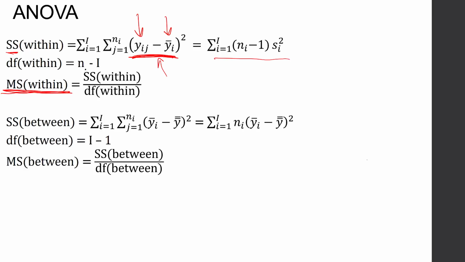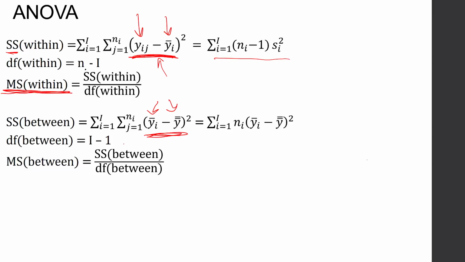The sum squared between looks at the sample mean of a group relative to the overall grand mean. So how many comparisons are we making here? We're looking at the sample mean for the first group minus the overall grand mean, the second group to the overall grand mean, the third group, and the fourth group for our example.